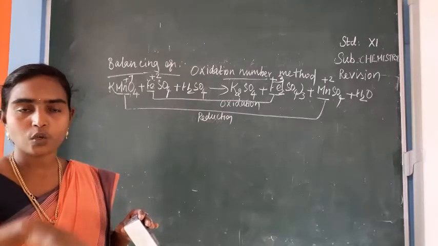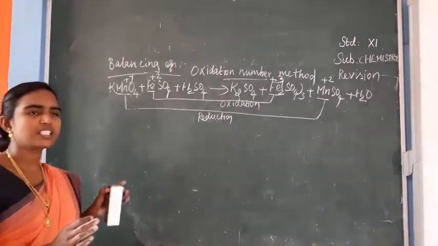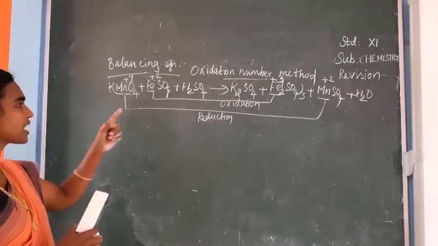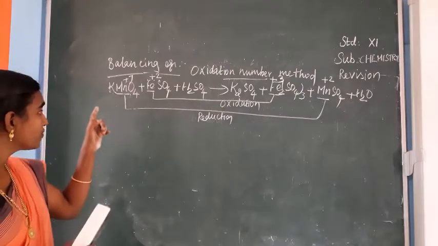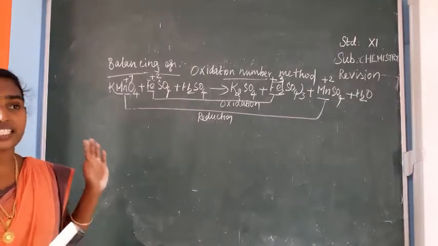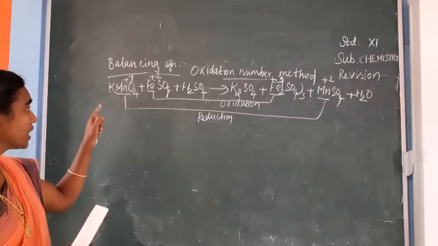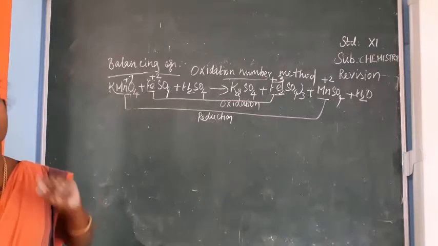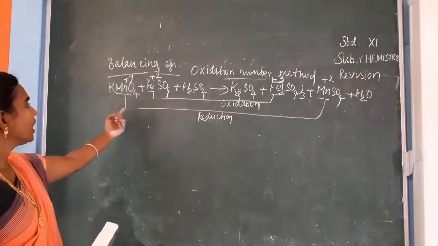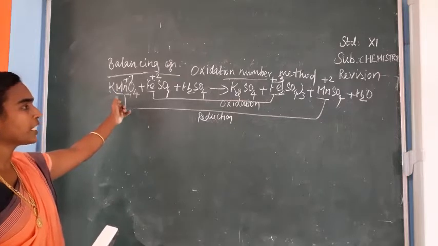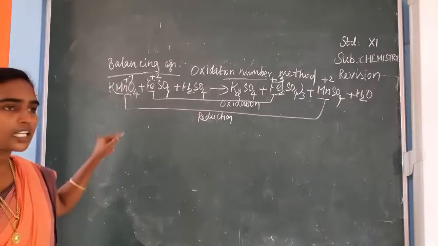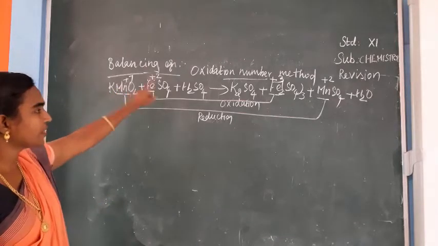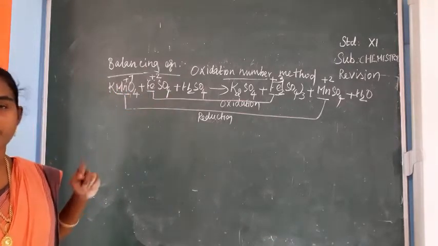Is it clear? Okay. So next, what we have to do is find the difference in electrons. When FeSO4, ferrous sulfate, is converted into ferric sulfate, the difference in number of electrons is, here 2, here 3, so 1 electron, isn't it? When Mn in KMnO4 is converted into MnSO4, the difference in number of electrons, plus 7 converted into plus 2, is 5 electrons, isn't it?